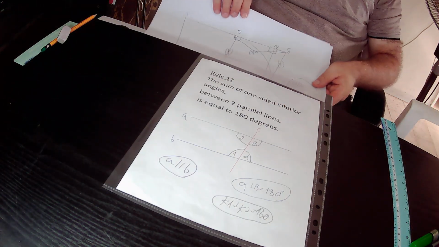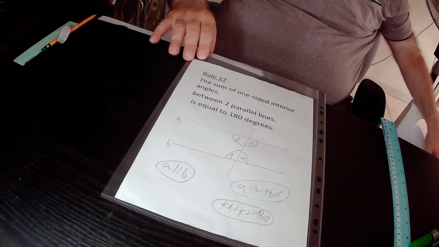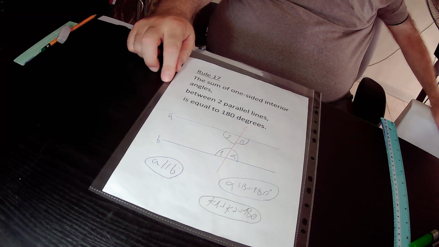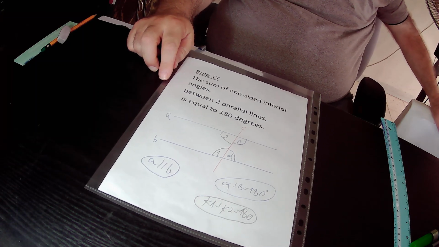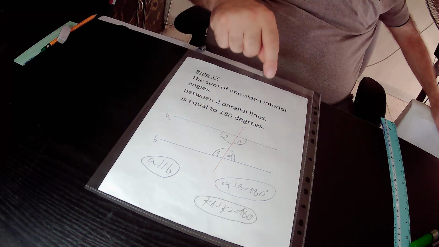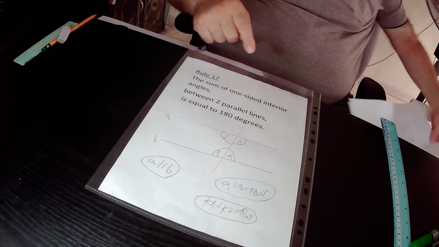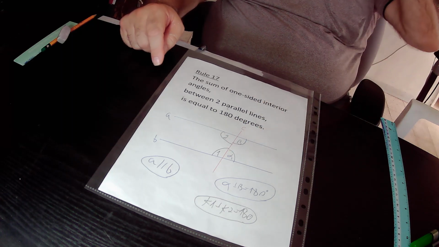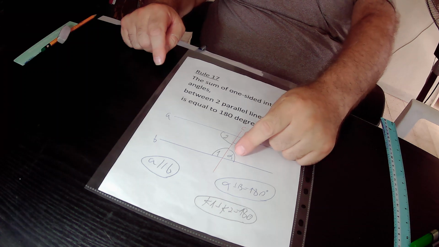According to rule 17, the sum of one-sided interior angles between two parallel lines is equal to 180 degrees. In the drawing, we have line A that is parallel to line B. The red line C intersects those two parallel lines A and B at two points.